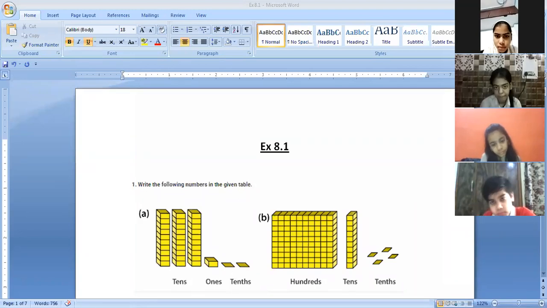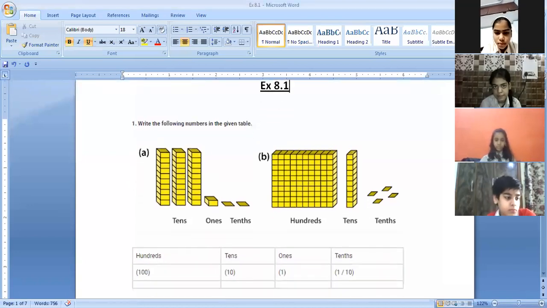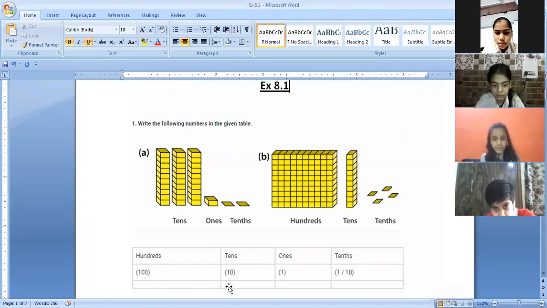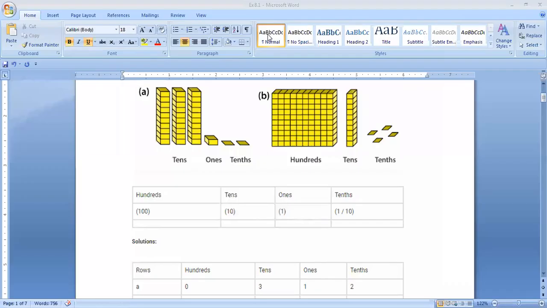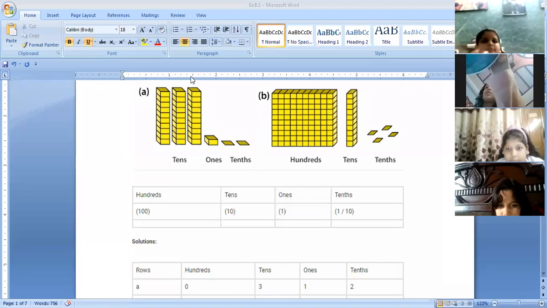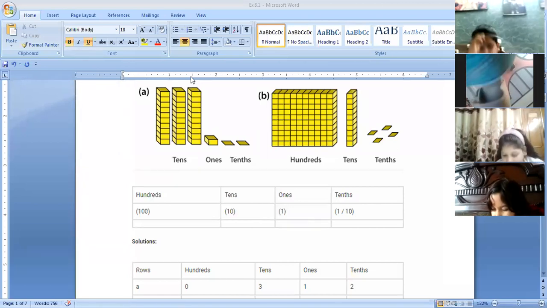So when you are filling in the table, how are you going to fill it? In this way. After the decimal, there are places like tenth, then hundredth, then thousandth.